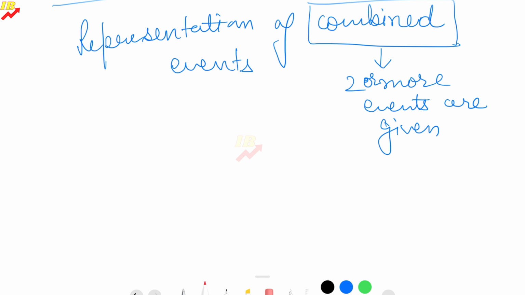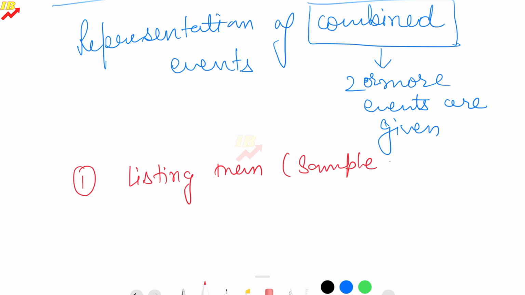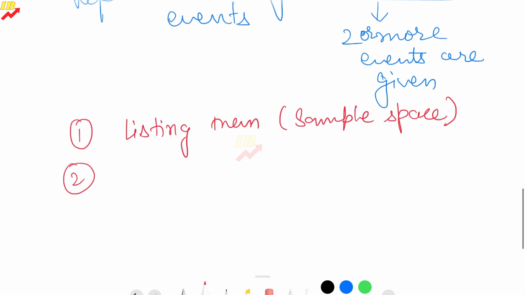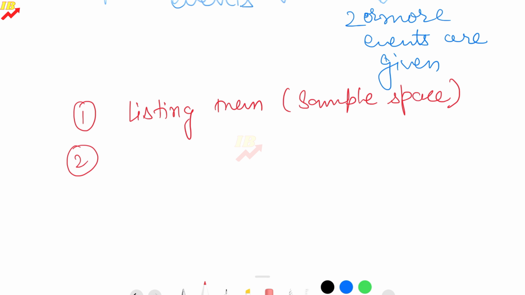So basically here we have four techniques. One is we can simply list them in the given sample space. I'll explain it one by one in a deeper way along with some examples. But just for now, I'm writing what are the types of it.